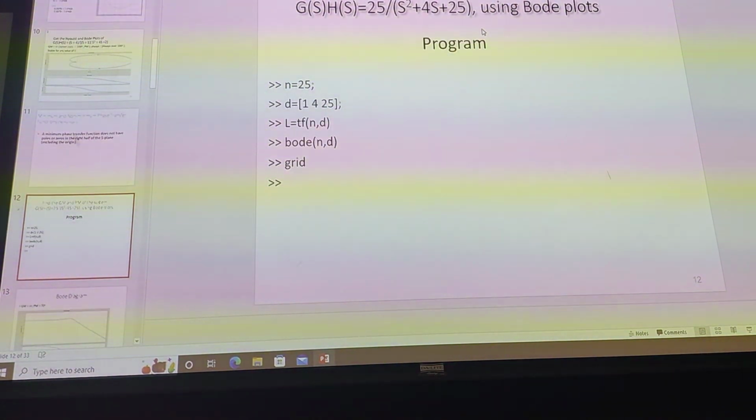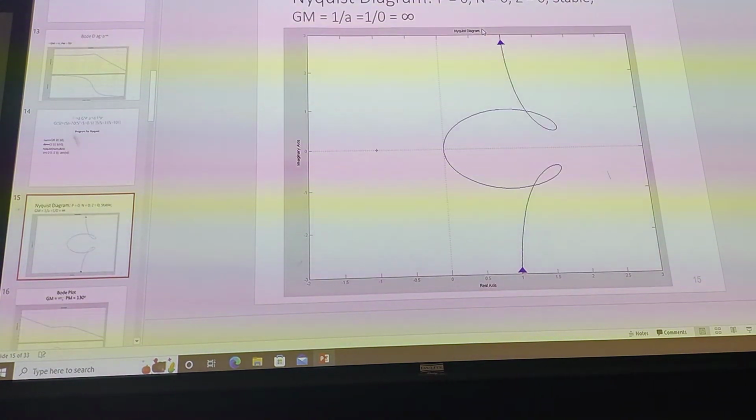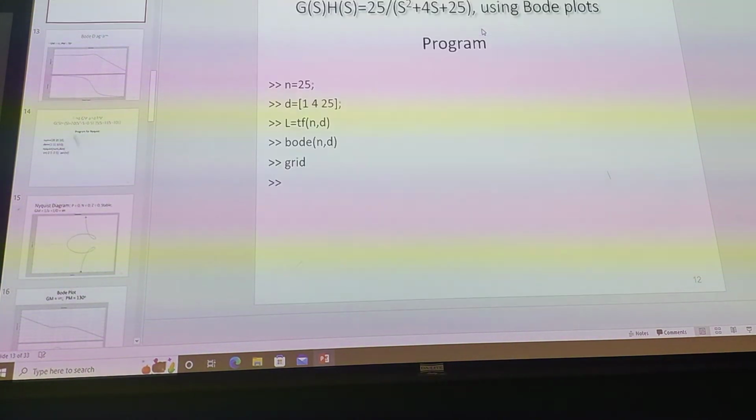Now let's see this system. How many poles do we have on the right half of the plane? No poles. All the poles are on the left part of the plane, as you can see here.